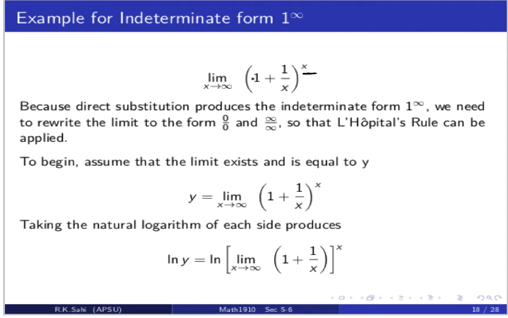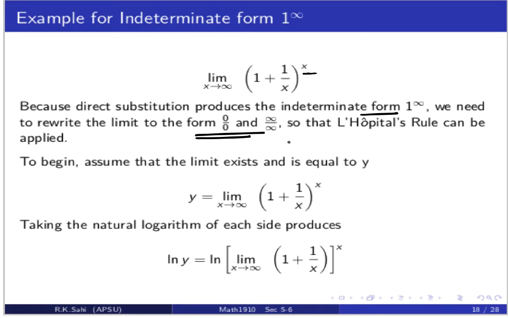Let's look at this problem: limit as x tends to infinity, (1 plus 1 over x) to the power x, a variable exponent. When I substitute infinity in this expression, I get 1 plus 0 to the power infinity. So clearly, I have an indeterminate form. So what is the rule? We change it to the form of 0 by 0 or infinity by infinity.